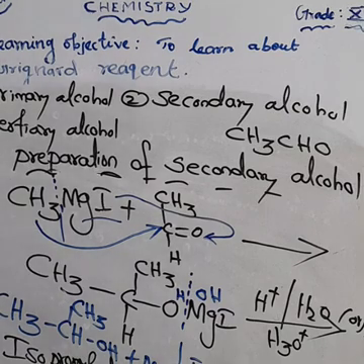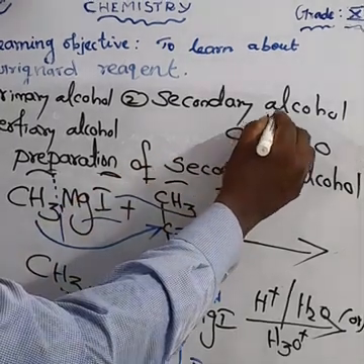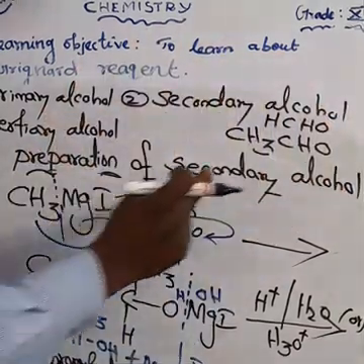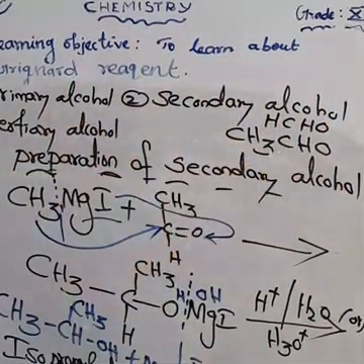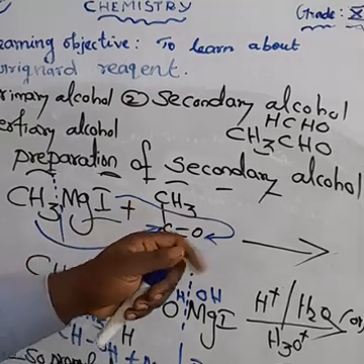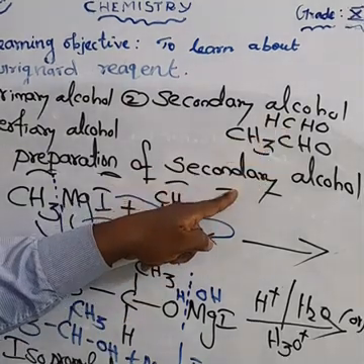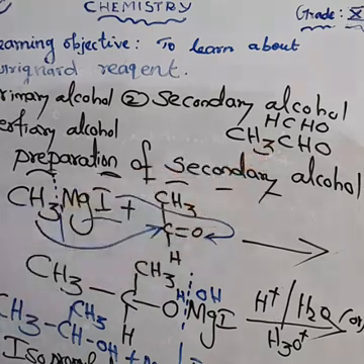What's the formula for formaldehyde? HCHO. This is called formaldehyde. This compound is called acetaldehyde. For the preparation of primary alcohol, you have to take formaldehyde. For the preparation of secondary alcohol, you can take acetaldehyde.